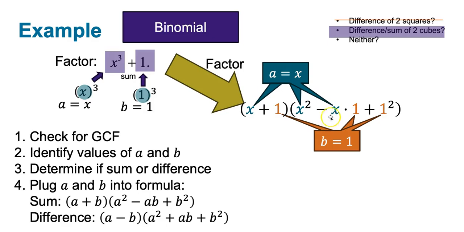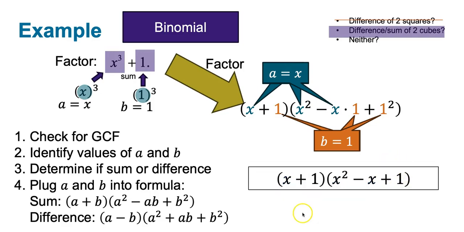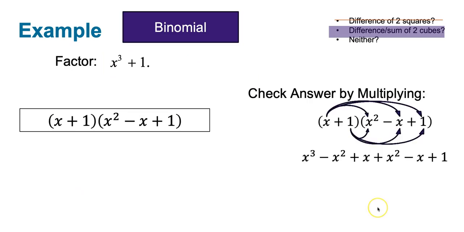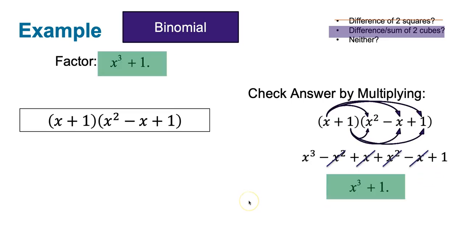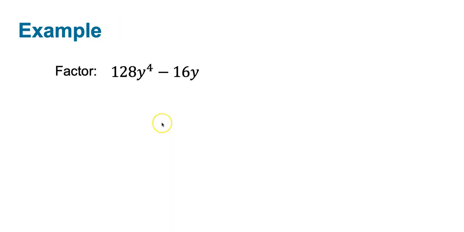For example, here negative x times 1 we can simply write as negative x. And 1 squared is just 1. Thus, we have our factorization. We should always check our answer by multiplying, which gives us this, but then we notice terms cancel, thus verifying that our factorization works.